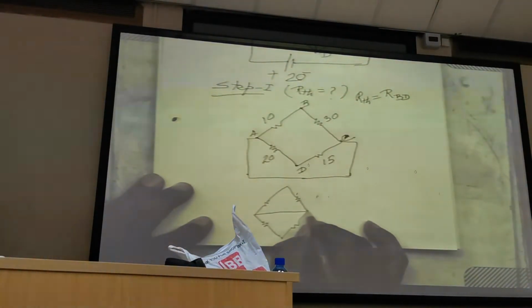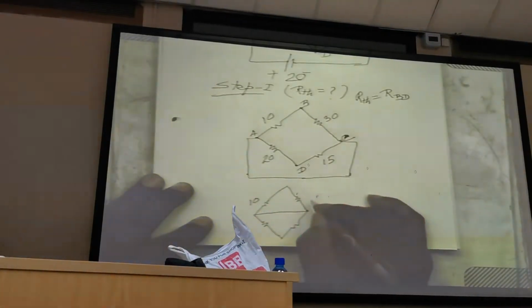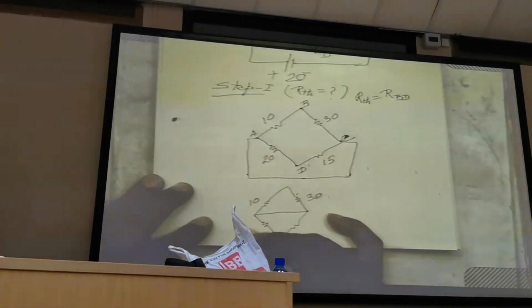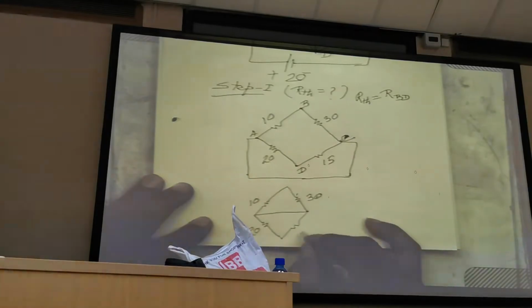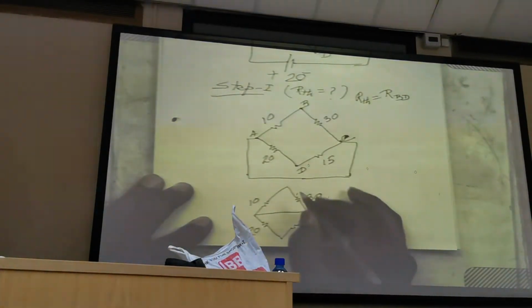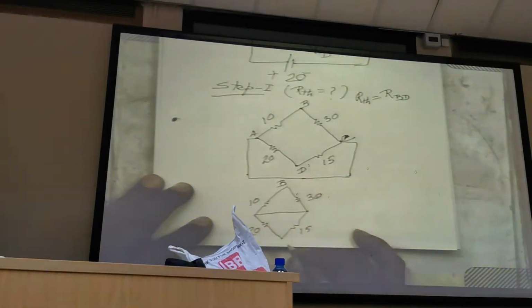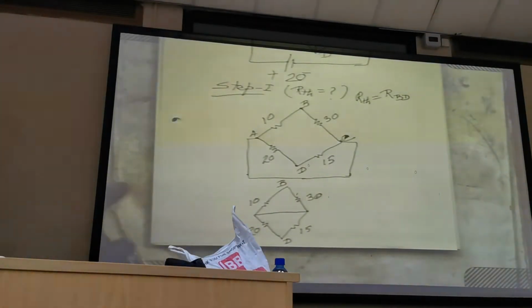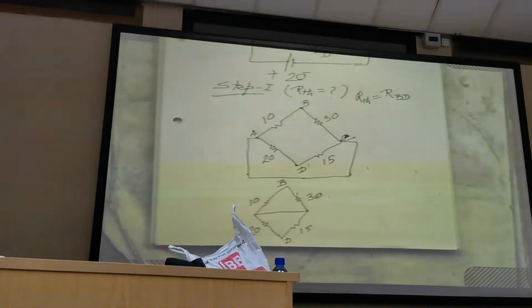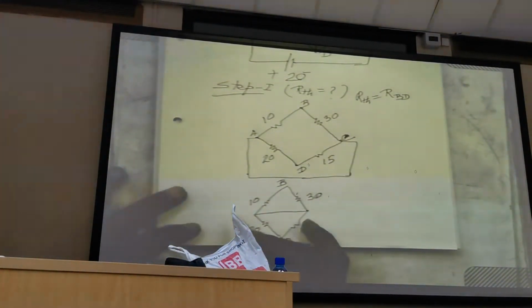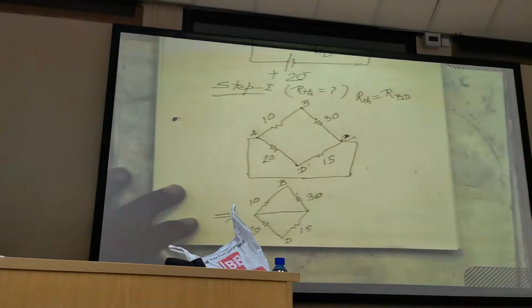So these two are here, this is 10, this is 30, this is 20, and this is 15, right? This one is B, and this one is D. Does it make any sense? Now you sort these two, meaning you remove this one and put them together. So this is the equivalent circuit here, right?